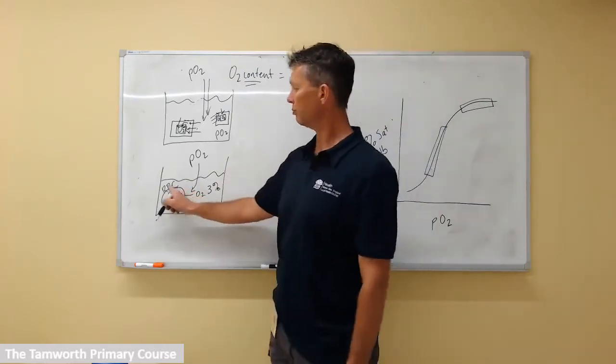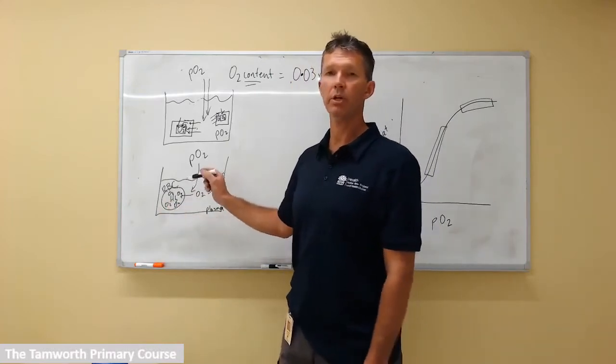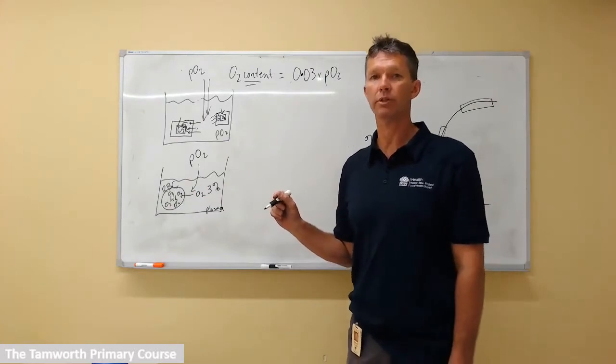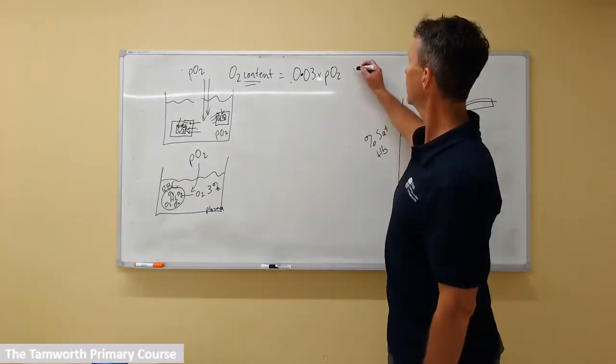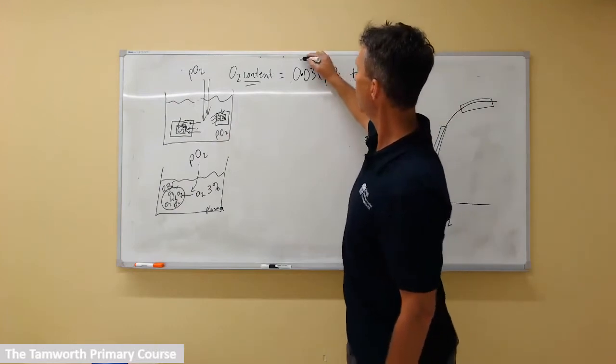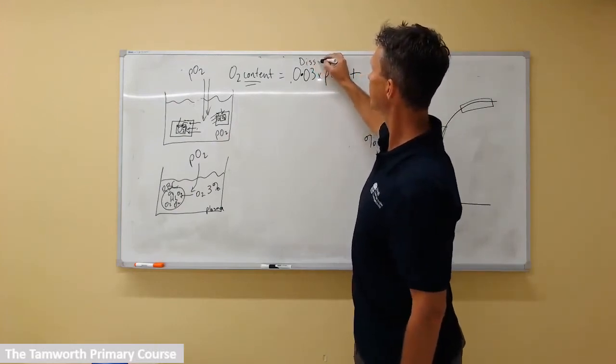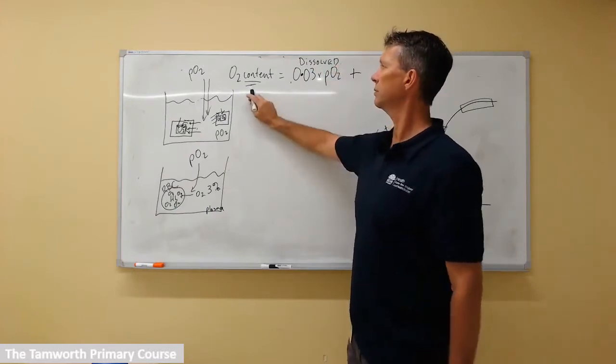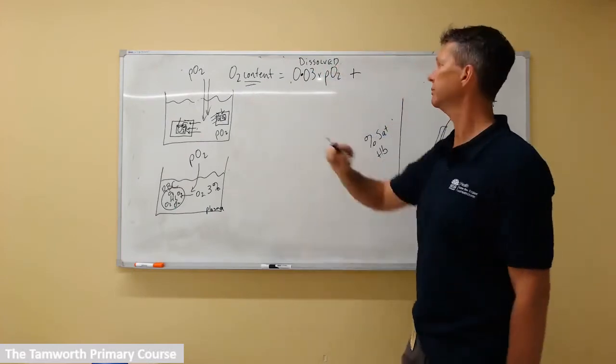And there are a few properties here that are experimentally measurable, and we can determine how much oxygen is available in the blood. So we talk about dissolved oxygen when referring to the oxygen content of blood.